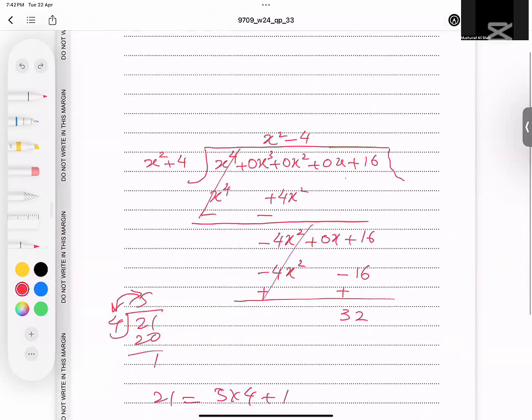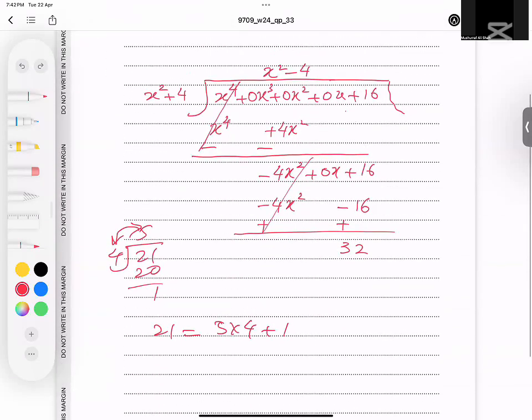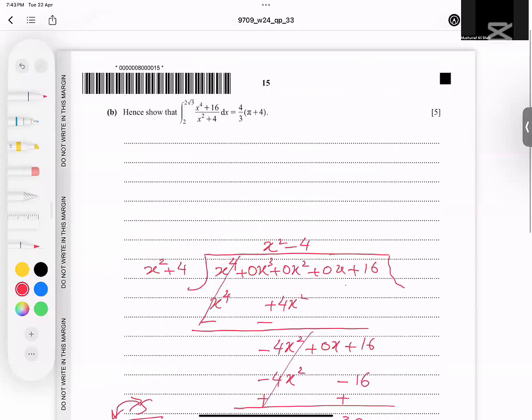And one more thing. Let's say 21 upon 4. How to convert this 21 upon 4? This is 5 into 4, plus 1.